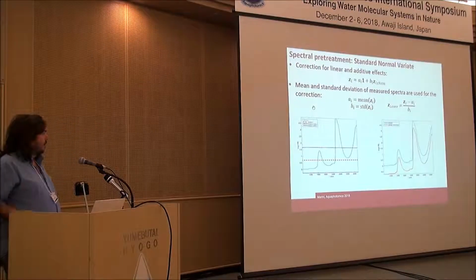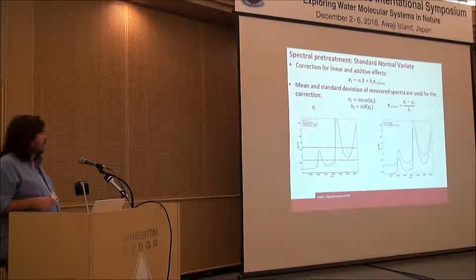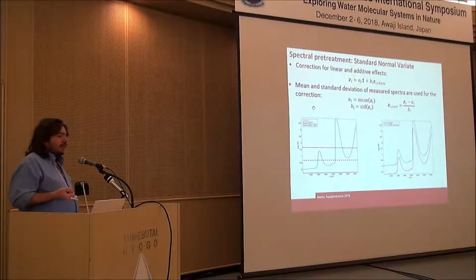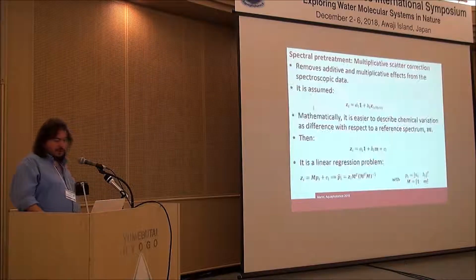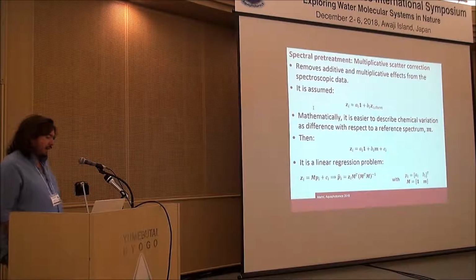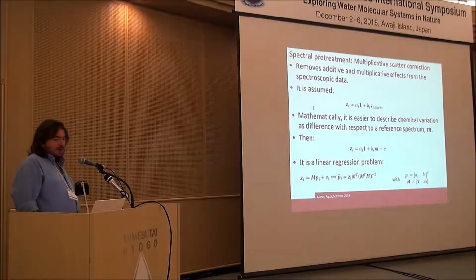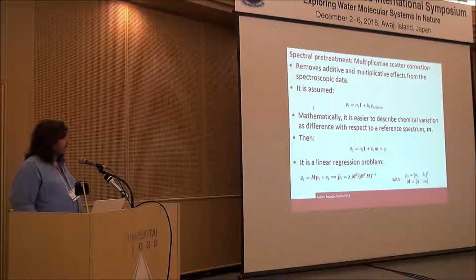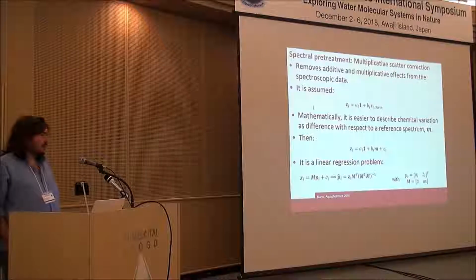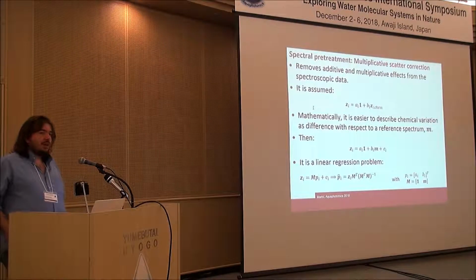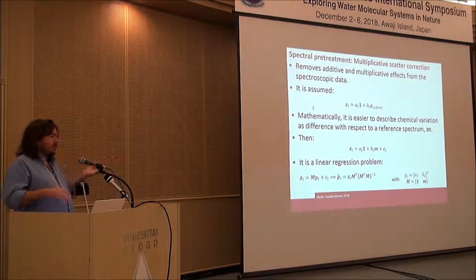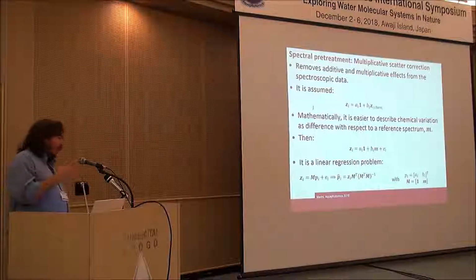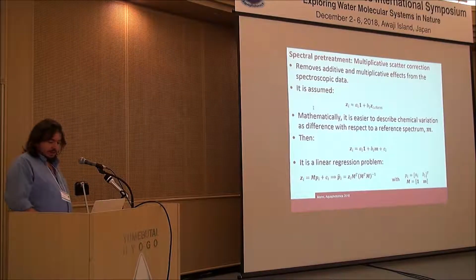And of course, one could use the same sort of linear correction, be it by standard normal variate, that has the advantage of not requiring any reference spectrum for the correction, or the analogous multiplicative scatter correction, where we need, especially in order to have a feasible solution to the linear regression problem that underlies the method, to choose a suitable reference spectrum with respect to which to align all the other spectra in the data set.